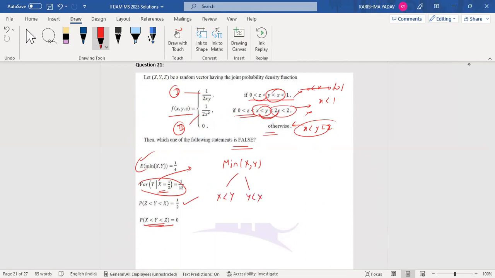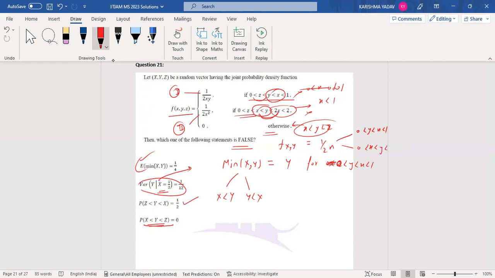If the minimum of x comma y is equal to y, then it will be for this region, 0 less than y less than x less than 1. As we are talking about f of x comma y, what is the joint of x comma y? f of x comma y is 1 by 2x for two regions: 0 less than y less than x less than 1, and another region, 0 less than x less than y less than 2x less than 2.